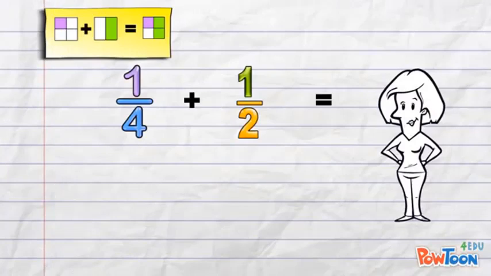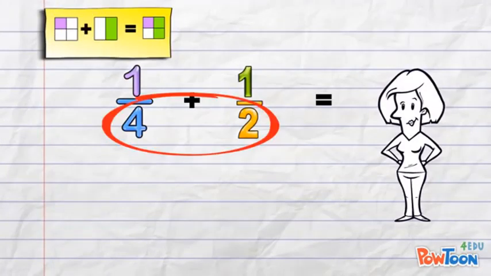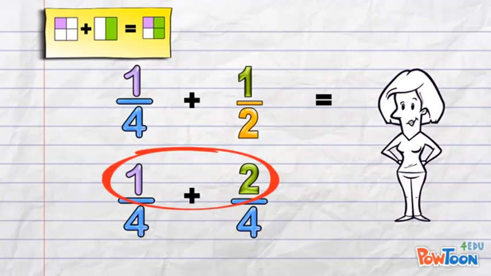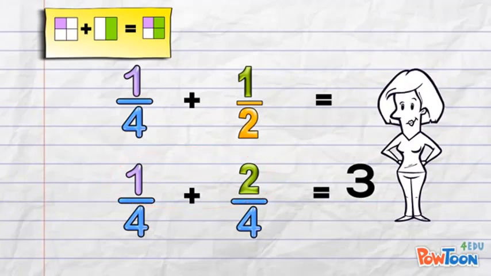We've got denominators of 4 and 2. Our common denominator is going to be 4. To get a denominator of 4 here, we multiply by 2. So we do the same to the numerator. And that's 2/4. Now it's very easy. We just add the numerators. 1 plus 2 is 3. keep the denominator, and we're all done.